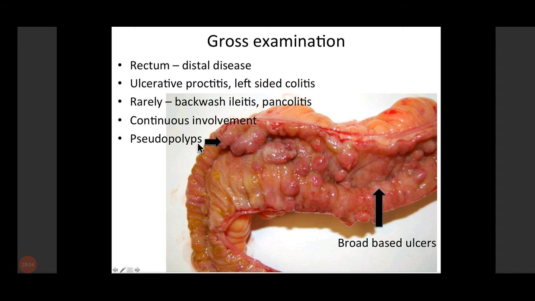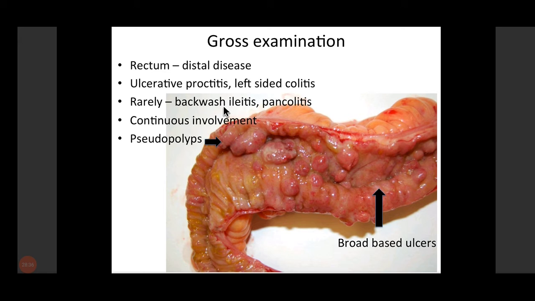We see that it is a distal disease. So usually either the rectum is involved, or the rectum and left-sided colon is involved, or it may be a pancolitis. That is, the entire colon is involved. And if there is a pancolitis, sometimes 2 to 5 centimeters of the ileum from the ileocecal junction going backwards may be involved, and that is called backwash ileitis.